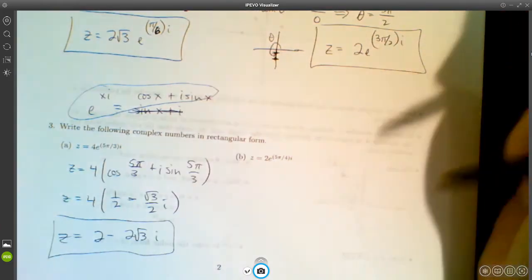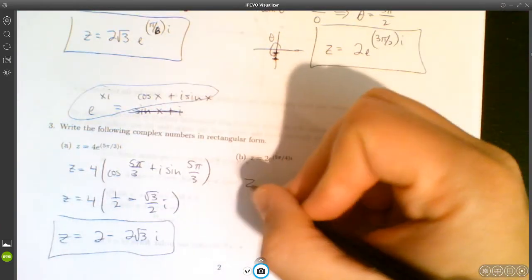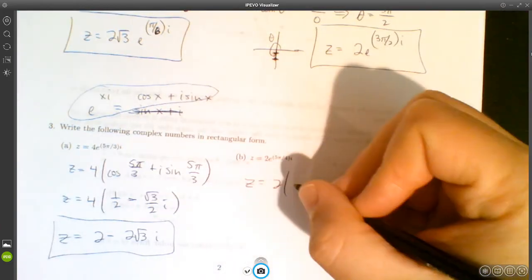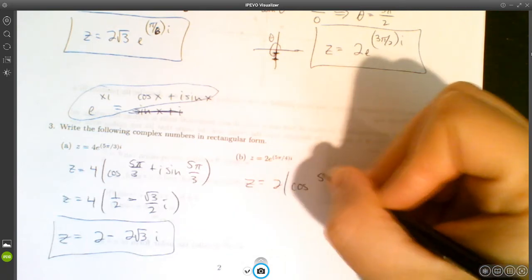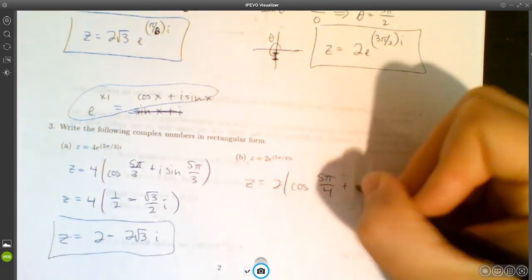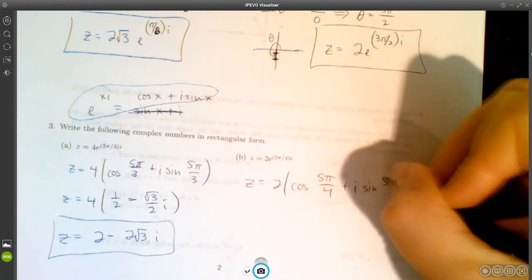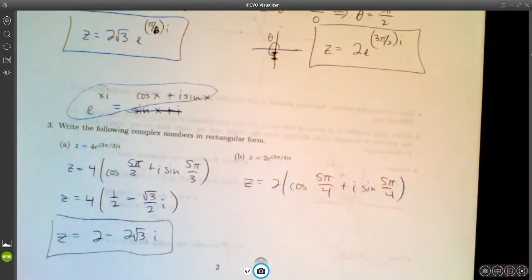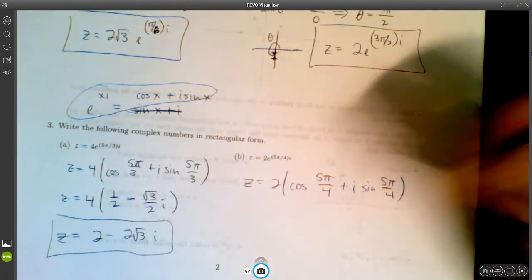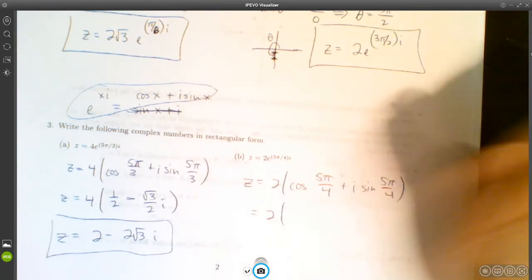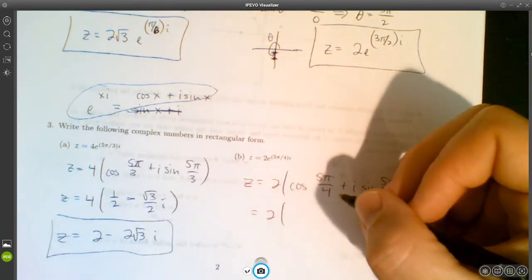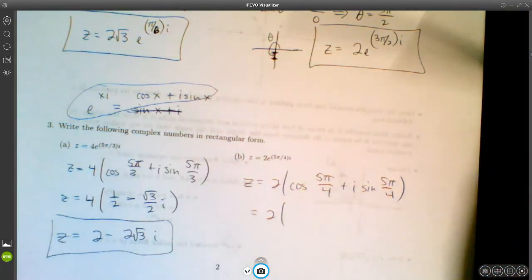Now we can do the same thing with this one, right? We can say this is going to be 2 times cosine 5 pi over 4 plus i times sine of 5 pi over 4. That's 2 times cosine 5 pi over 4. Now what quadrant are we in? Quadrant 3, right?